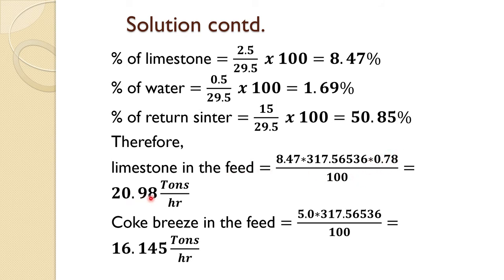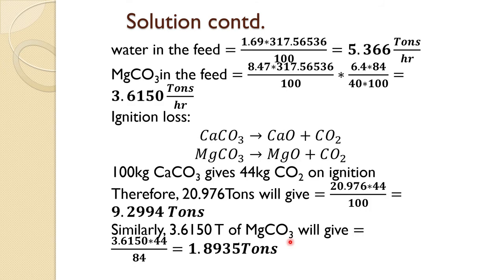So, it comes to 21 ton per hour, and coke breeze similarly we can get the value of 16.1 tons per hour, and water also we can get in a similar way. Magnesium, again with the percentage given in the limestone, with that we can get 3.6 tons per hour in the feed.